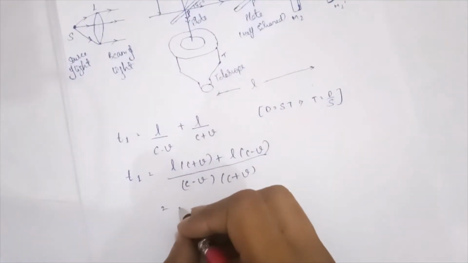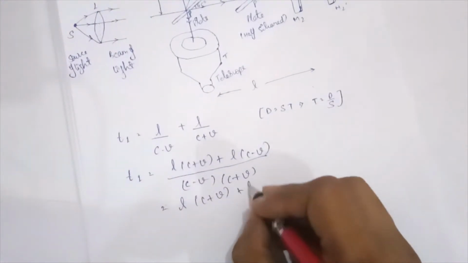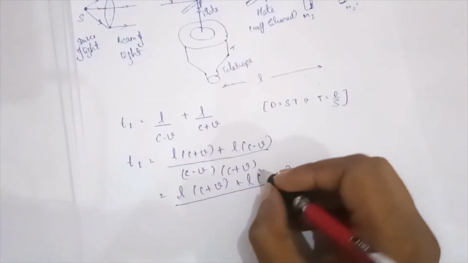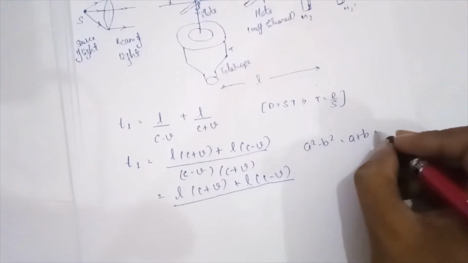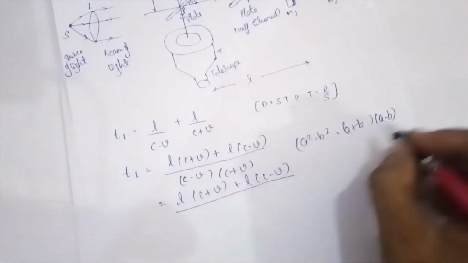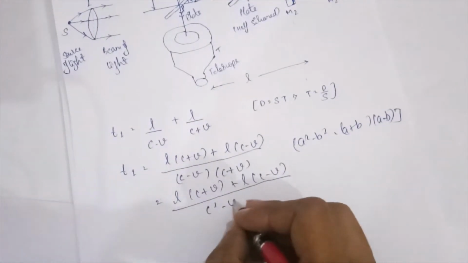So it becomes L into (c plus v) plus L into (c minus v) upon, using the formula a square minus b square equals (a plus b) into (a minus b), c square minus v square.